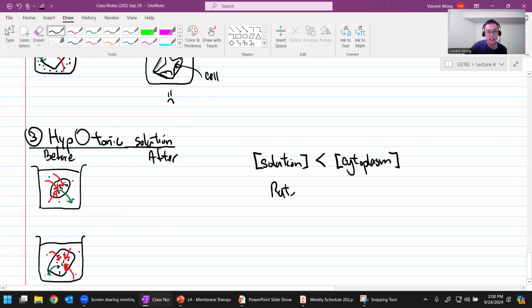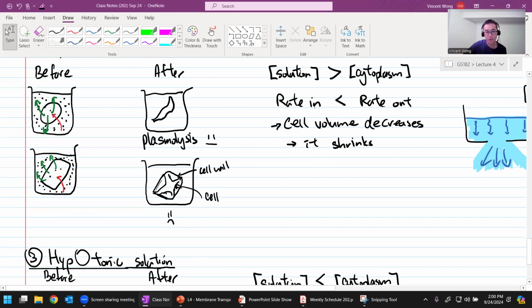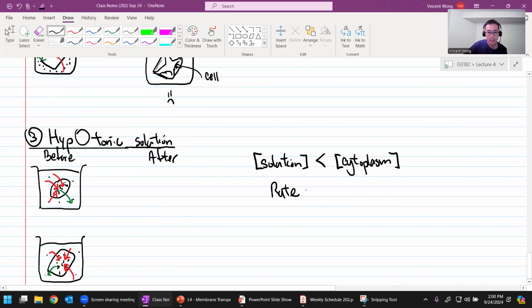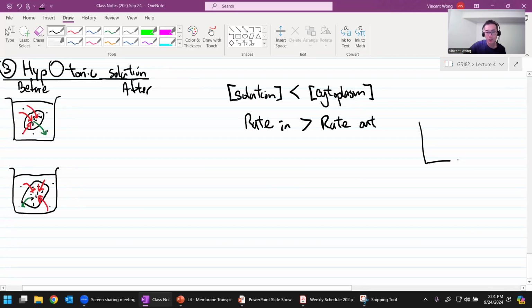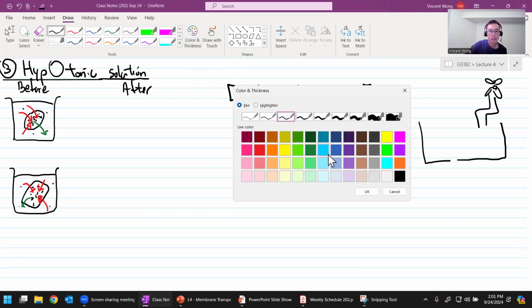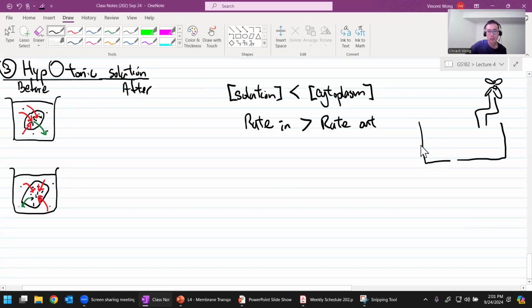So I've got to do the same order. Before, it was rate in is going to be greater than rate out. In our bucket analogy, it's like you turn on the tap even more, turn on the tap to the max, and then the water is leaking.